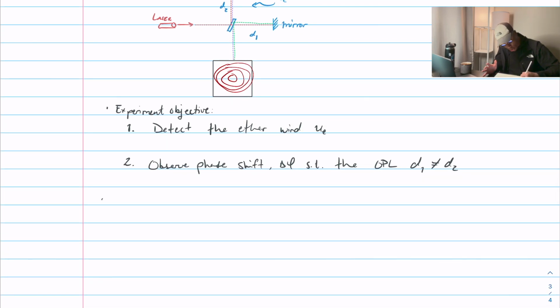Now, if we were to go from a mathematical perspective, we would assume the following.